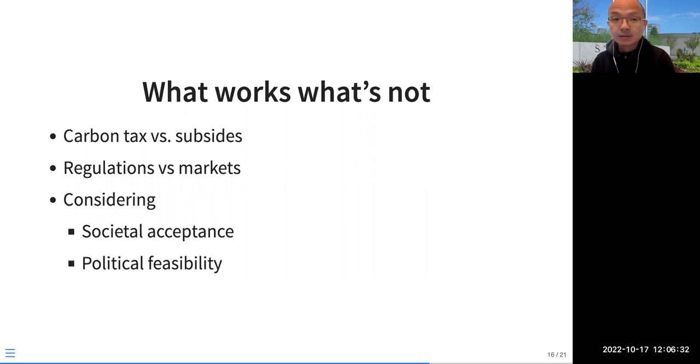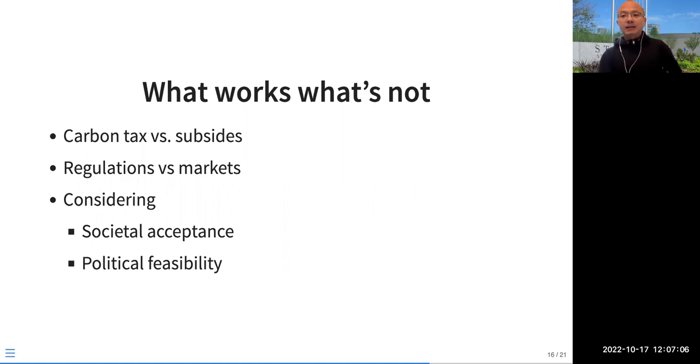A tax is always a very hard sell. Rather, different governments choose to create subsidies for green technology, for clean energy. So it didn't have a new tax, but it created incentives that will attract the deployment of renewables or manufacture of those technologies.